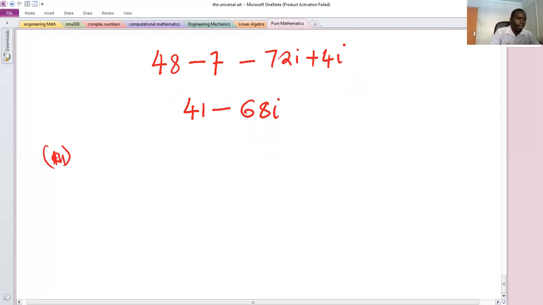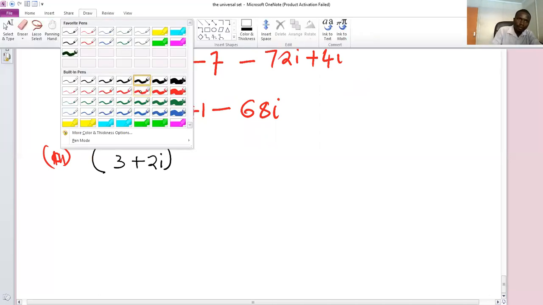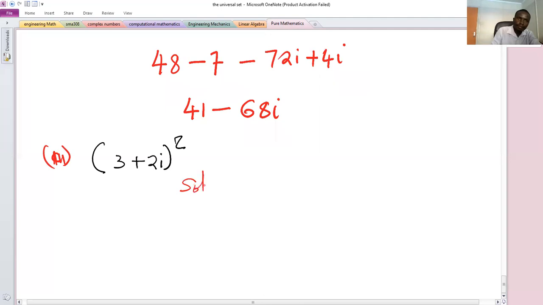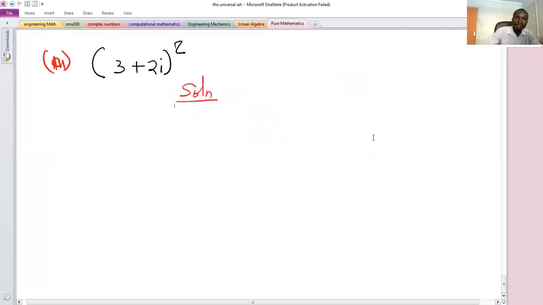Roman 3, we have to simplify the square of 3 plus 2i. So solution, the square of this number means the number multiplied by itself.